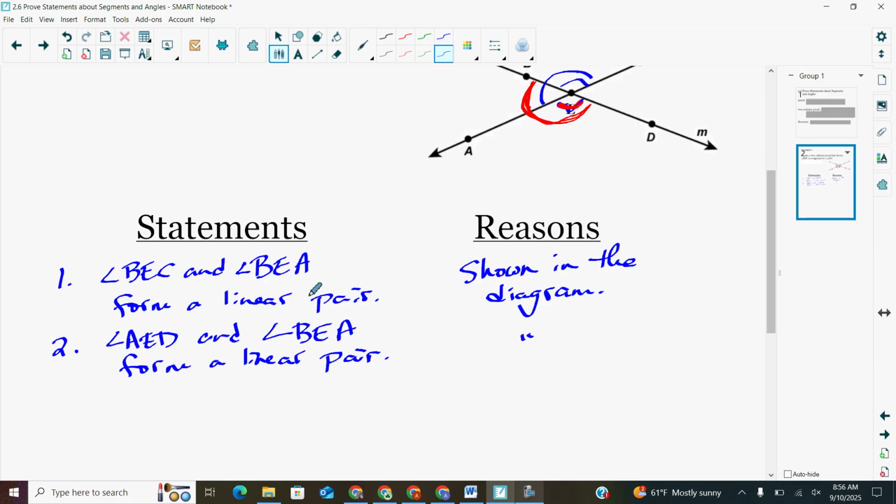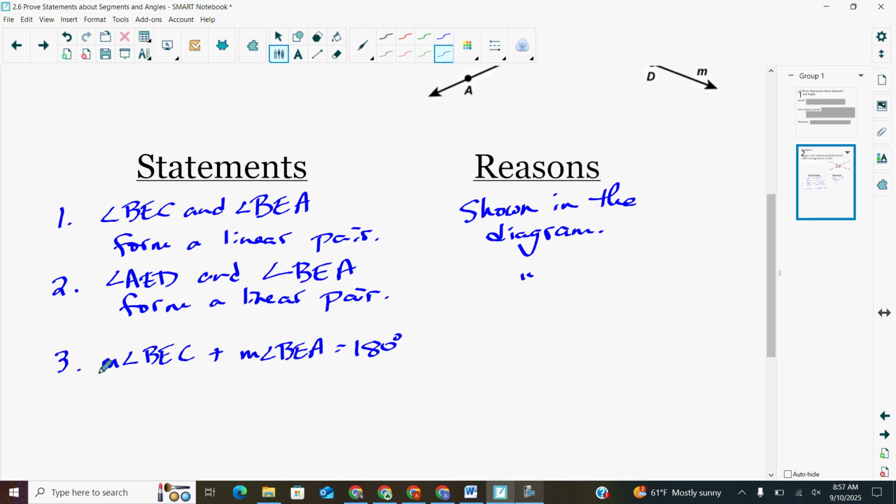Now, a lot of times we want to use what we stated in these first two statements and go from there. So if they form a linear pair, what do we know? Well, a linear pair we know is supplementary. So the measure of angle BEC plus the measure of angle BEA equals 180 degrees.